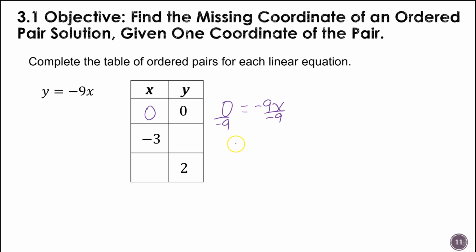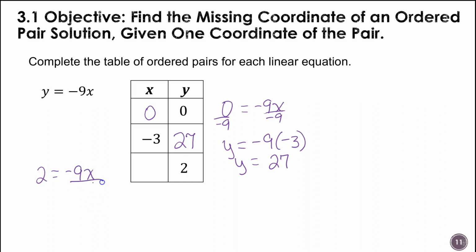And then on the next one we're going to substitute -3 for x and multiply it by -9, so that is 27. And on the last one we're going to substitute 2 for y and solve for x. So we divide by -9 and x is -2/9.